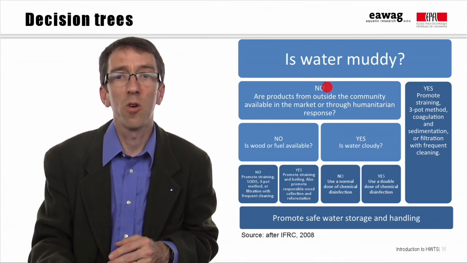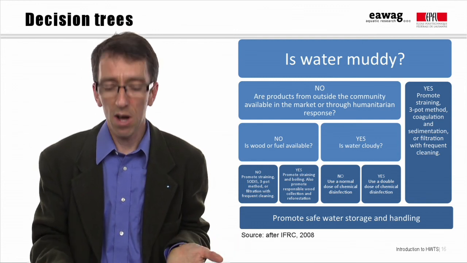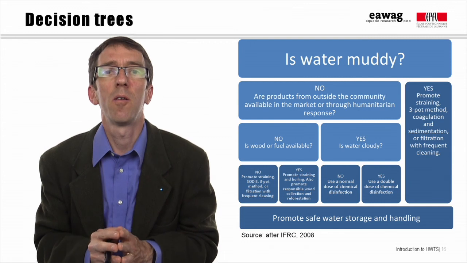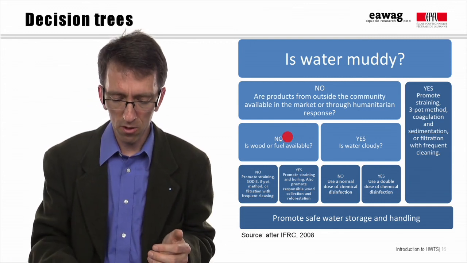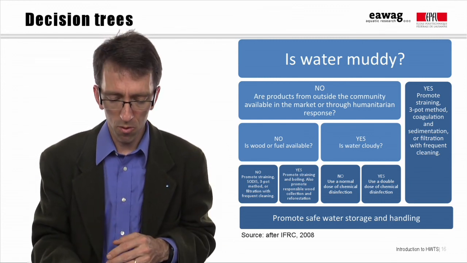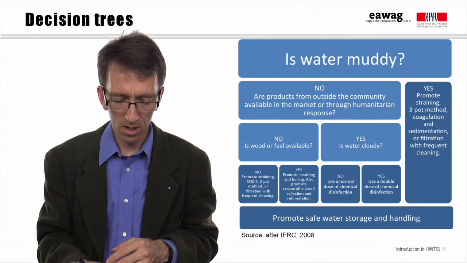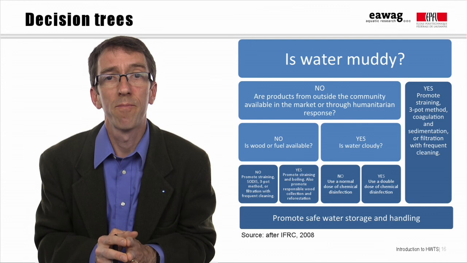If the water is not turbid, the next question is whether or not HWTS products are available from outside the community. If they're not, then you get directed towards boiling if fuel is available, or 3-pot methods, sedimentation, SODIS, and filtration if fuel isn't.